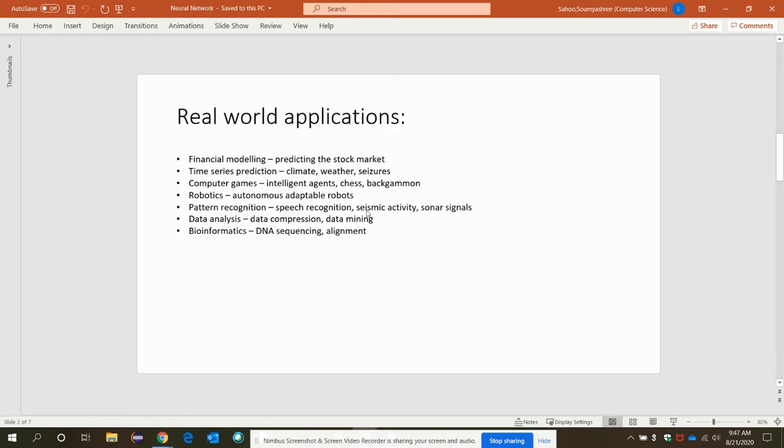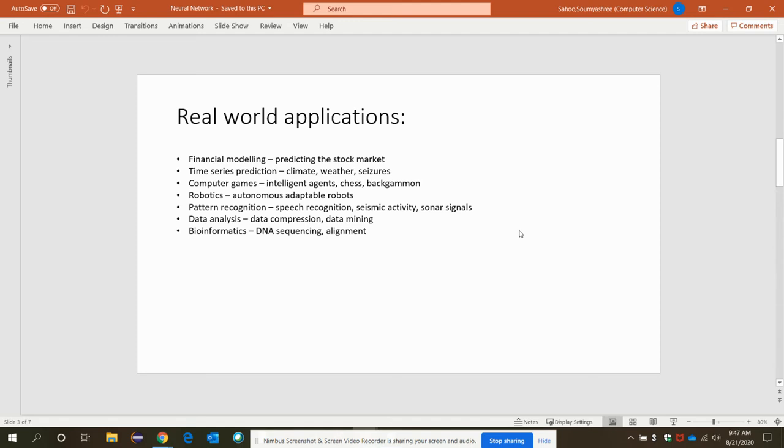Now I'm going to show you some of the real world applications of this. The ANN, or artificial neural network, is mostly applied in financial modeling, in the prediction of the stock market, in climate and weather, and for time series data prediction. Then some computer games such as intelligent agents, chess or backgammon.